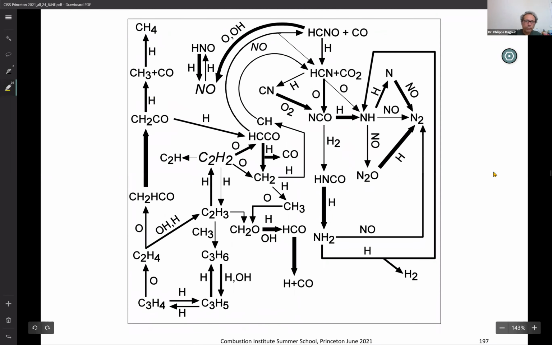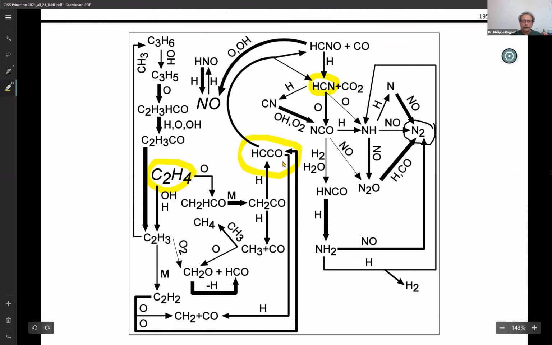And we have something very similar if we start with acetylene here. So we can say that we are one step further, and we are getting closer to the formation of HCCO.